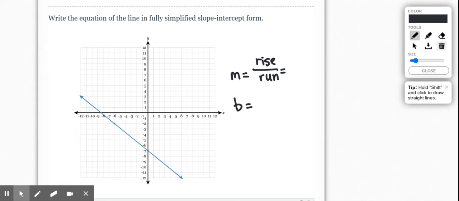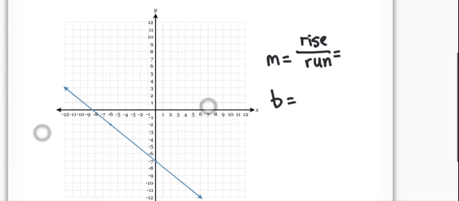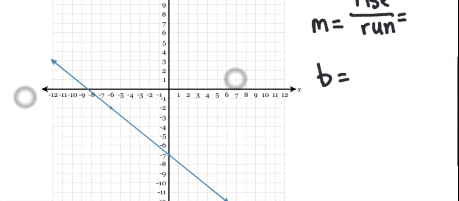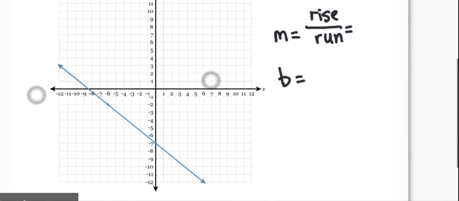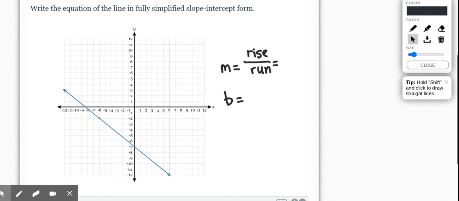What I like to do is just zoom in on the graph and look for 2 points. So I see 2 points. Here's my 2 points. I have one here, and then I have one here. So I need to do a rise over run.